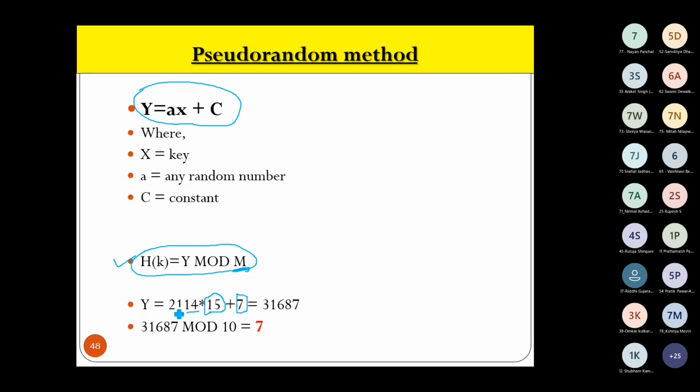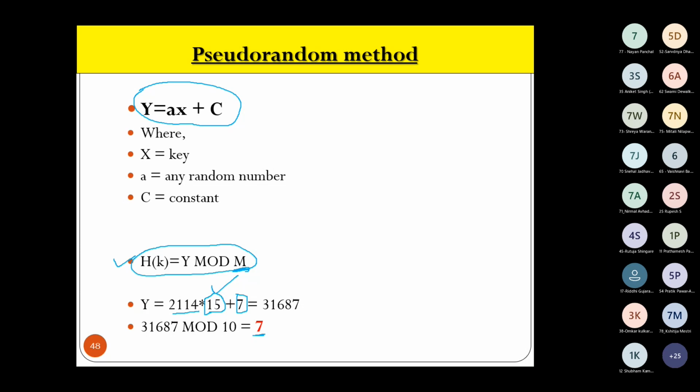So this random number multiplied by the key plus the constant which we have assumed results into 31687. Mod 10 will result into the remainder as 7. So 7 is the location at which 15 has to be stored. Okay, getting this? Yes, ma'am.